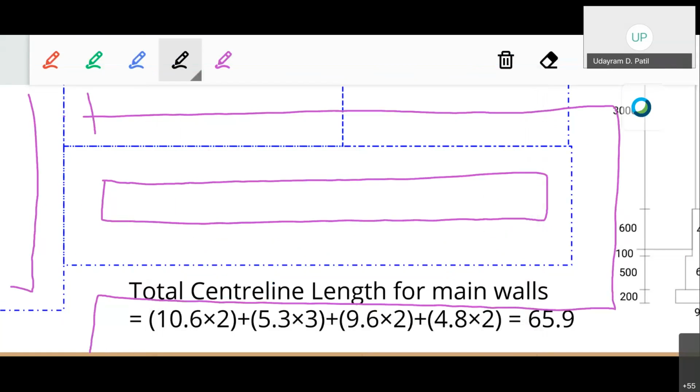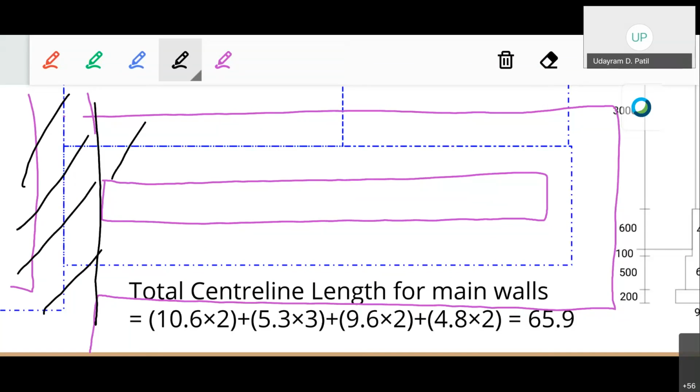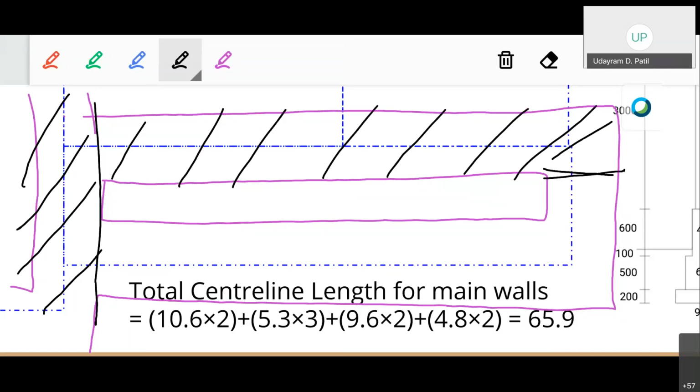While calculating the earthwork in the main wall, we have already considered this particular area. Therefore, while calculating the net center line length, similarly we have also calculated this particular area up to this, half width.